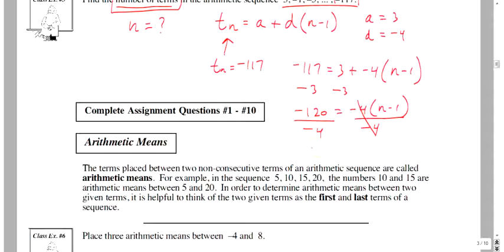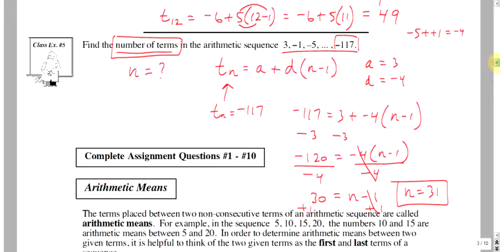Negative divided by a negative is a positive. There's the common sense way. What do I have to take away from n to get 30? Or, here's the algebraic way. Add 1 to both sides, get rid of it, n's 31, right? There's 31 terms in this sequence. That's the answer to the question.